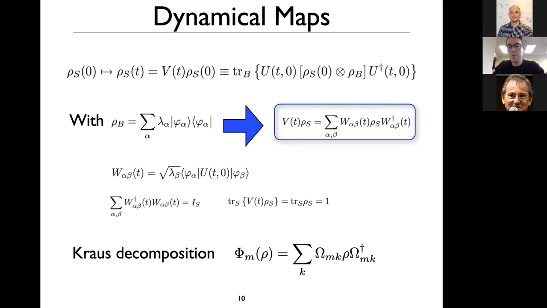This dynamical map will potentially map density matrices onto things that aren't density matrices, which is obviously problematic, because that gives you an unphysical description of the state of your system at some later time. So this initial condition is important.